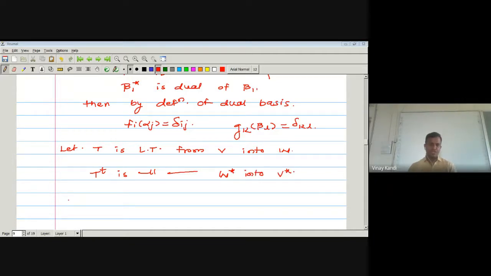Let us again assume all the things first. Let A be the matrix of T relative to beta and beta 1.